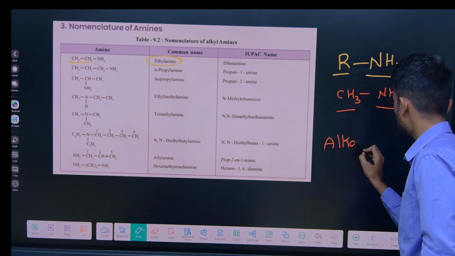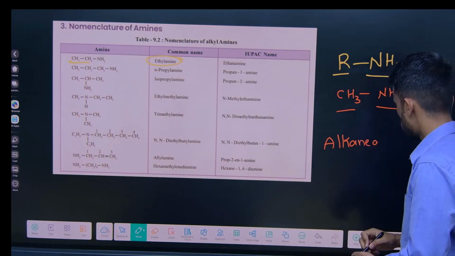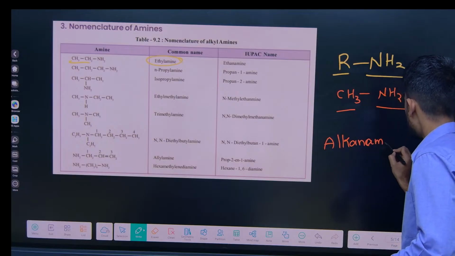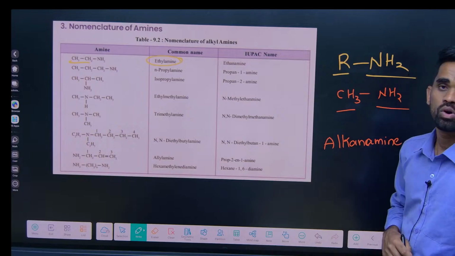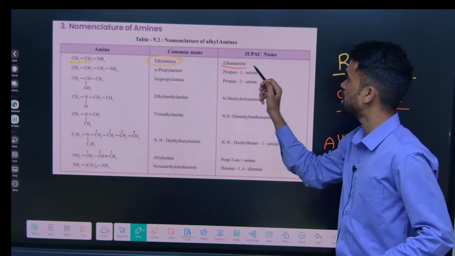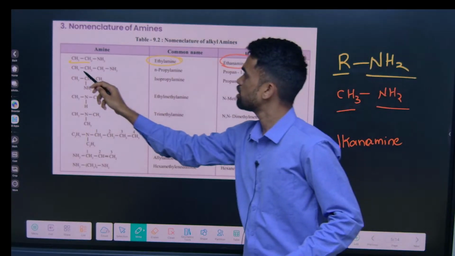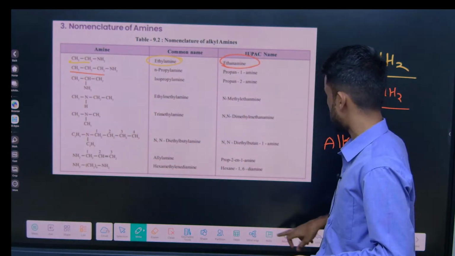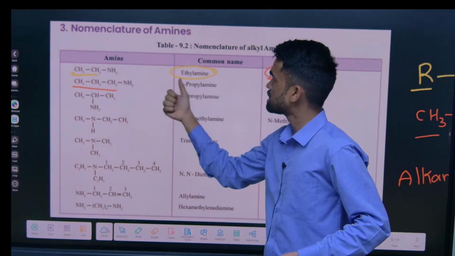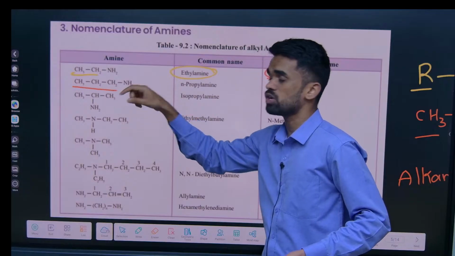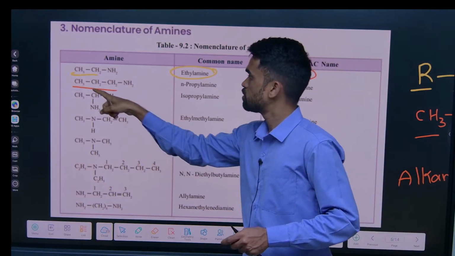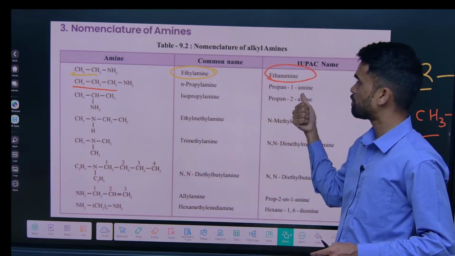Here the A and E, 2 vowels are there, so remove E: alkane amine. Here it is ethyl, so ethanamine is the IUPAC name. Here you can see 3 alkyl carbons are there, so it is called propyl amine as a common name, and as it's a straight chain, n-propyl amine. The IUPAC name should be propanamine.